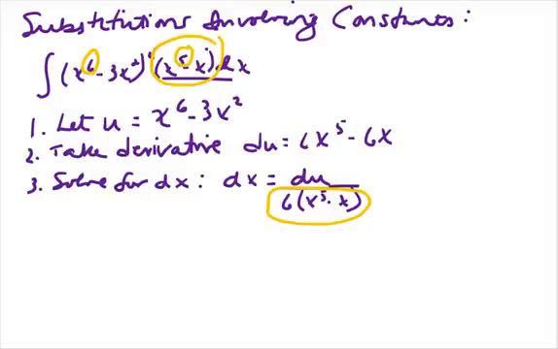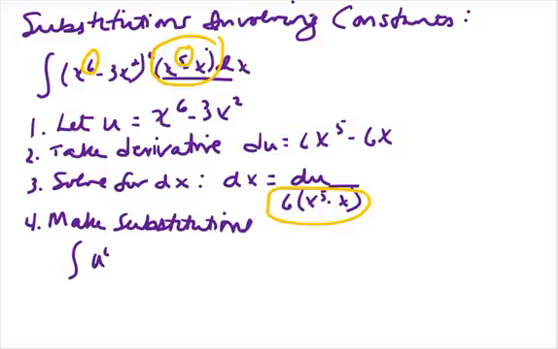So let's make our substitutions. You've got u to the 4th power, x to the 5th minus x, and I'm going to substitute in for dx, which is du over 6x to the 5th minus x.